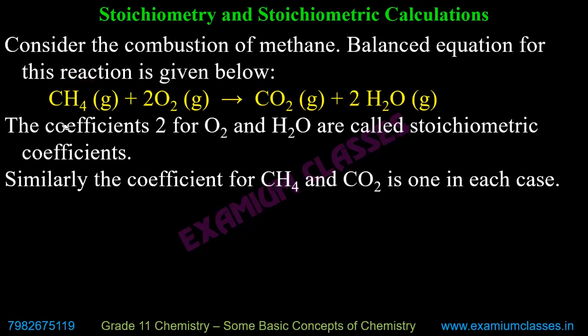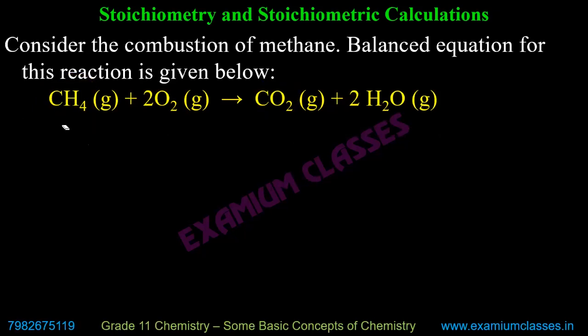So essentially what we are saying is, if 1 mole of methane and 2 moles of oxygen react and are completely consumed, remember, initially I have 1 mole of methane and 2 moles of oxygen, when I don't have the products, meaning the reaction has not started.